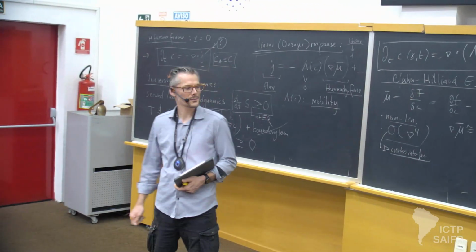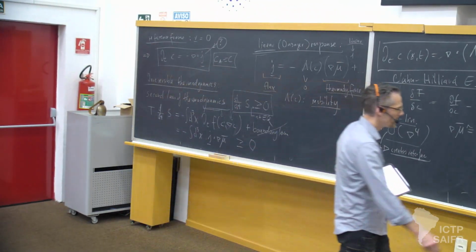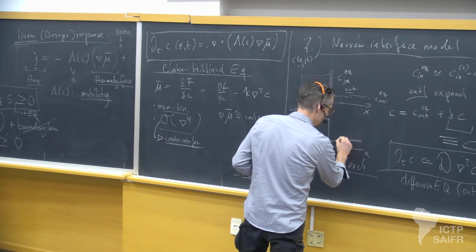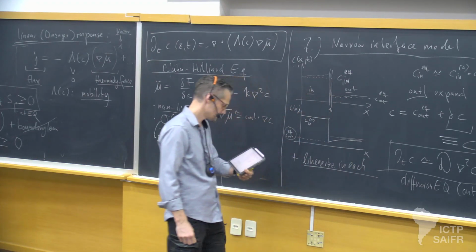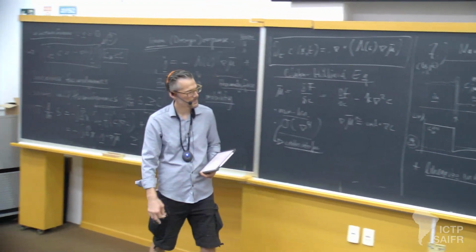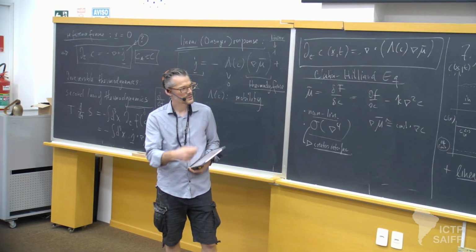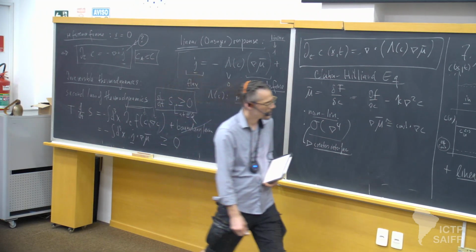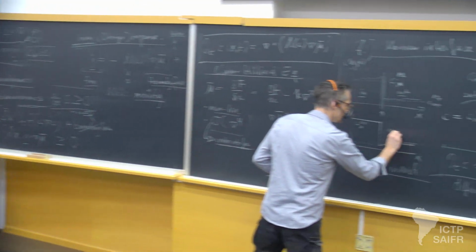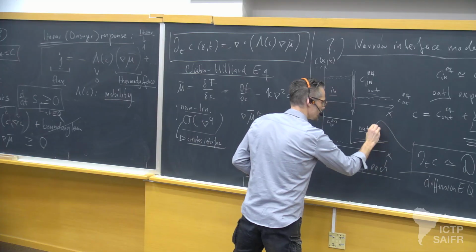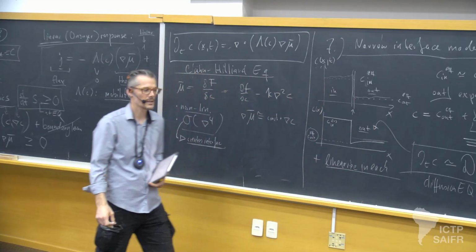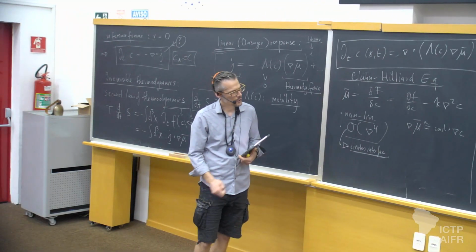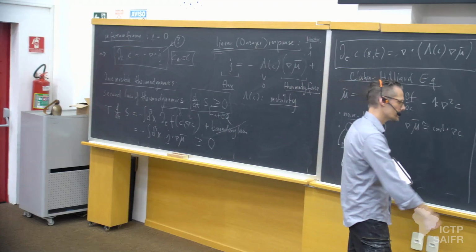That's what the interface creates. And far away, I get some sort of concentration here. And if I make a snapshot of the dynamics, the situation might look like this. But the outside field here is just governed by a diffusion equation. And you see how the drawing looks.